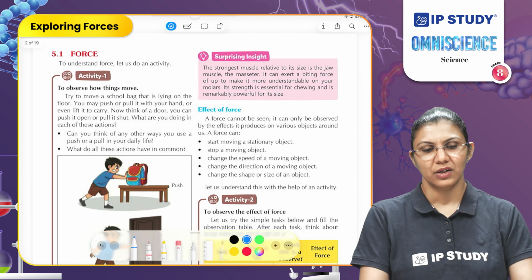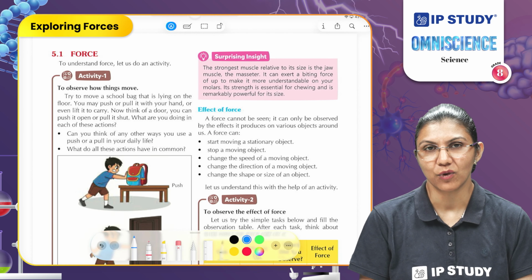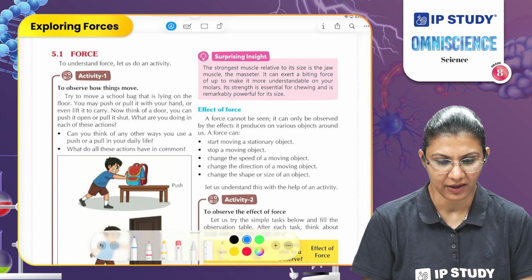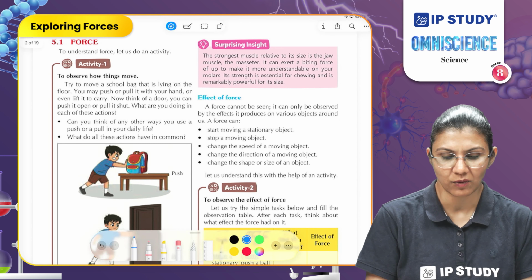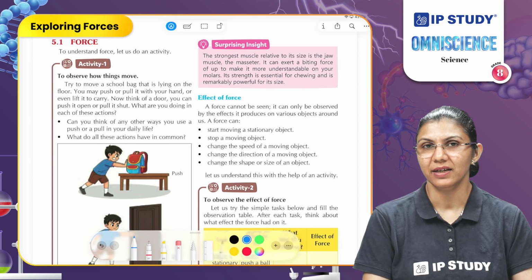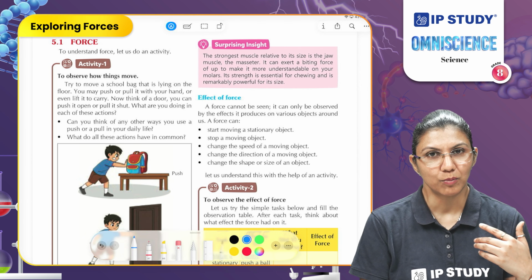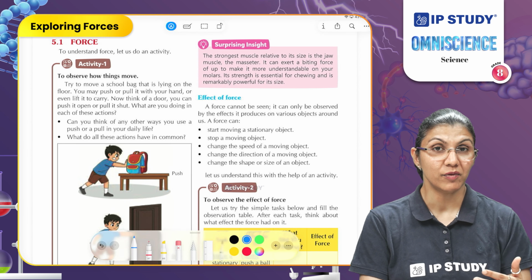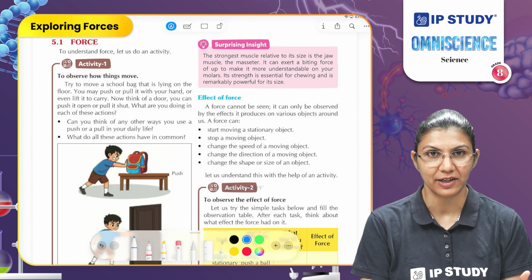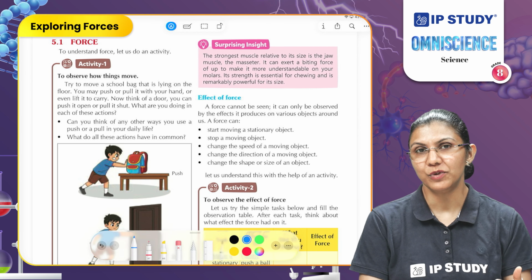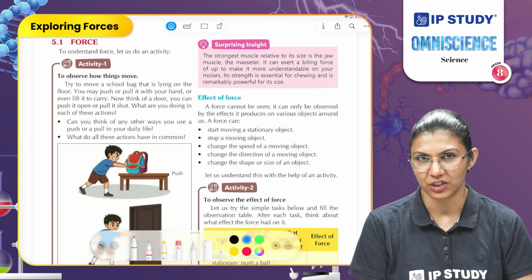So, how can we check that force is applied on any object? To observe this, what can we do? First, we can make an interaction with an object and then try to push or pull. How will we know that the force is applied during this action? The object will change its position.